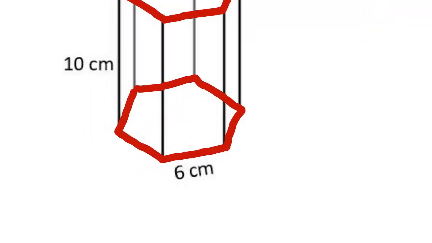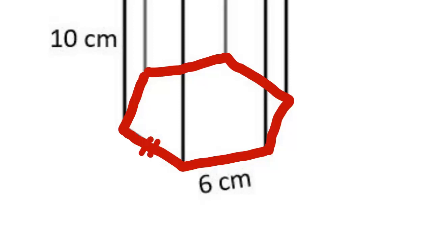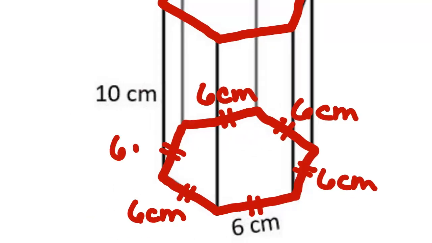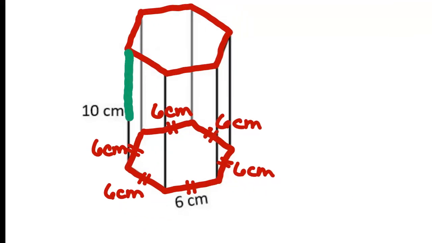How big are each of the sides of that hexagon? 6 centimeters, yes. Every side is 6 centimeters. What is the height of this prism? 10 centimeters is the height of the prism, yes. It goes right here.